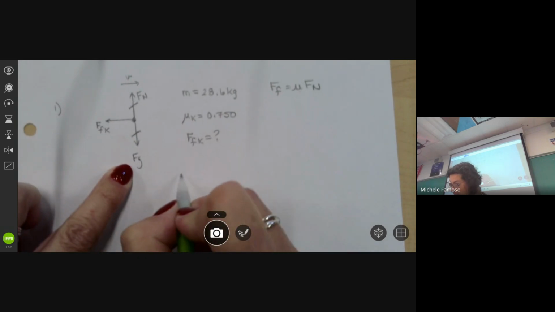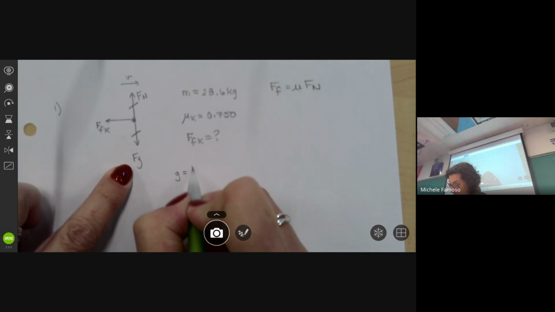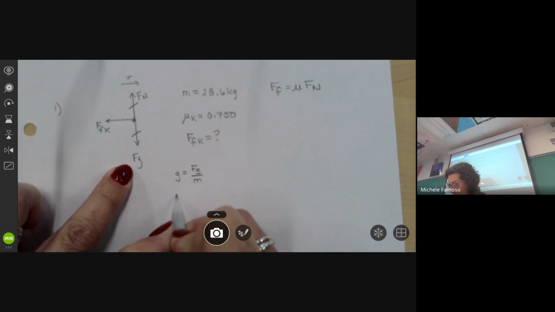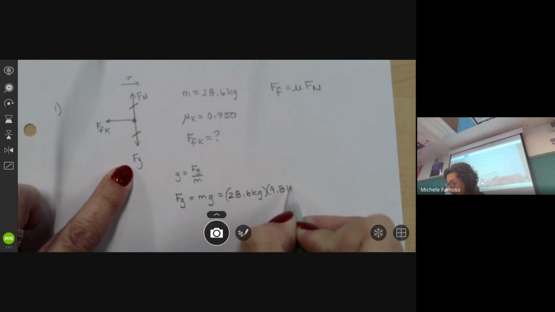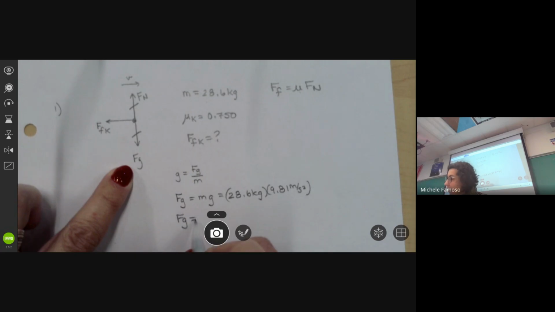So I can get Fg by using g equals Fg over m. So Fg is mg. That is 28.6 kilograms times 9.81 meters per second squared, which means that the weight of that crate is 281 newtons.